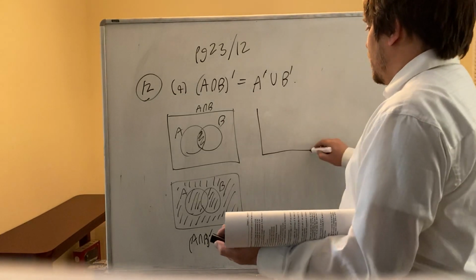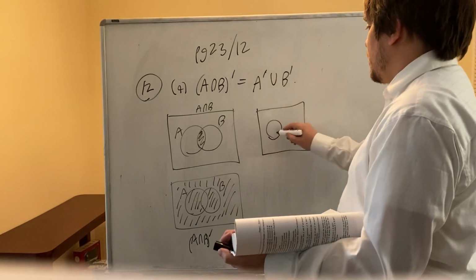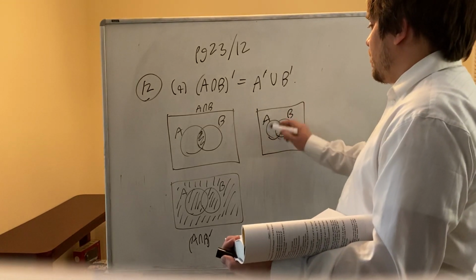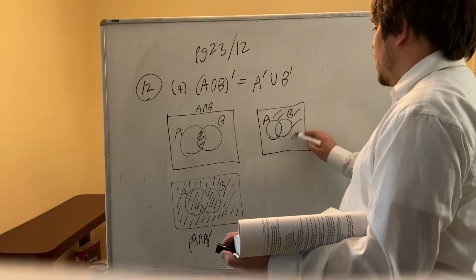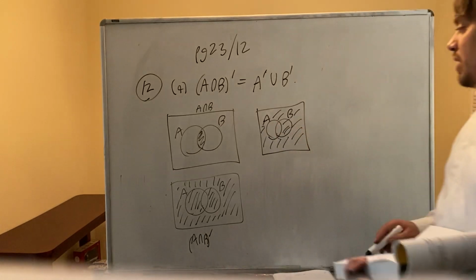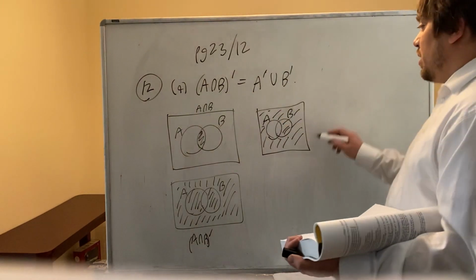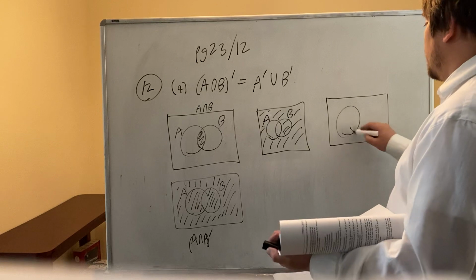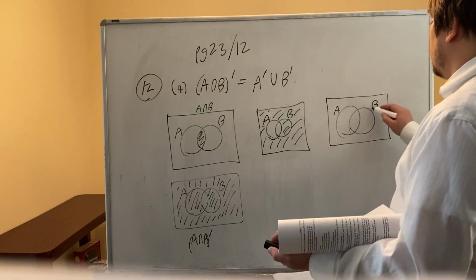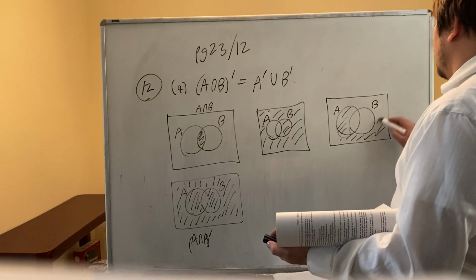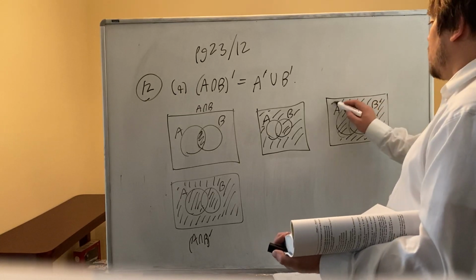Now, if you look at the Venn diagram, so here's A and here's B. The Venn diagram of A complement is everything outside of the circle A. If you look at B complement, it's everything outside the circle B. Pretty simple.